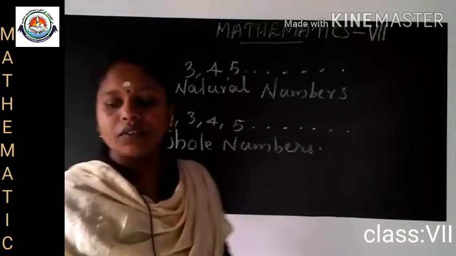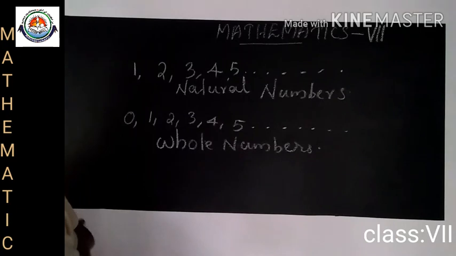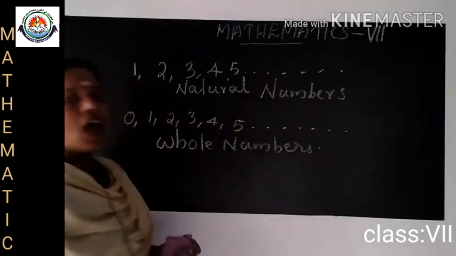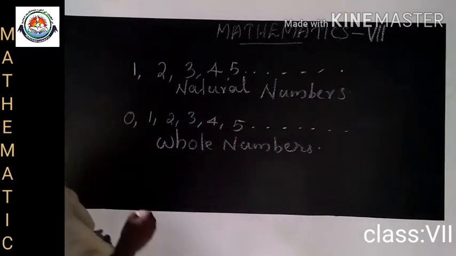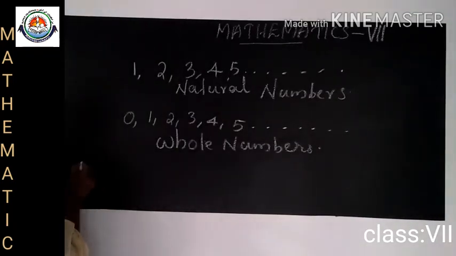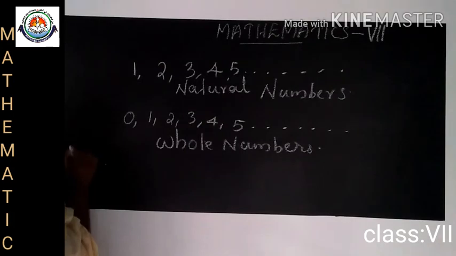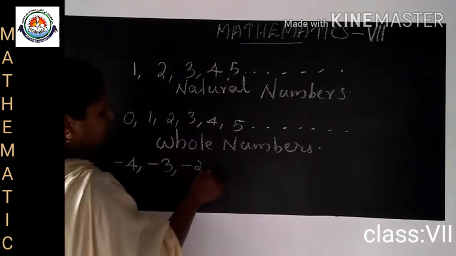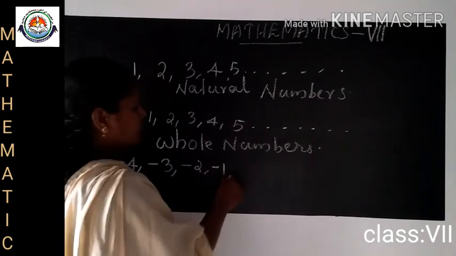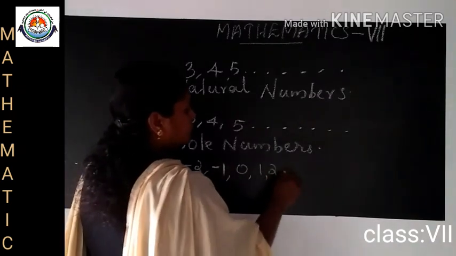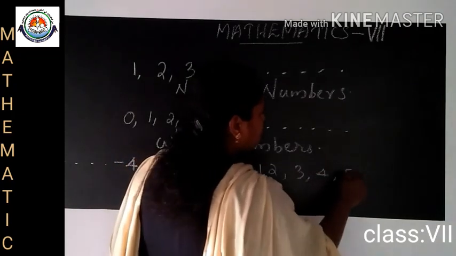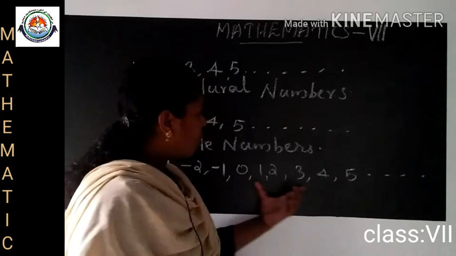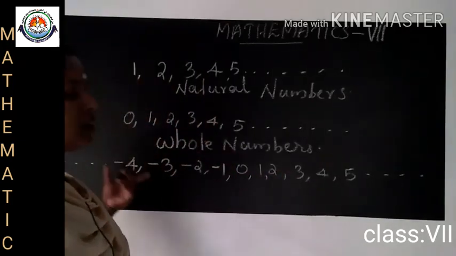And we have studied integers also. These numbers 0, 1, 2, 3, 4, 5 are whole numbers, and if we add the negative numbers, that is negative 4, negative 3, negative 2, negative 1, 0, 1, 2, 3, 4, 5, etc., we get whole numbers plus negative numbers.